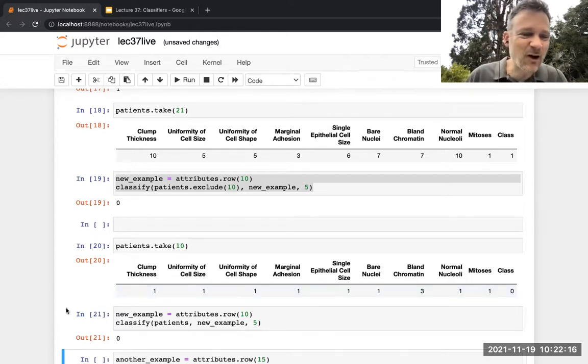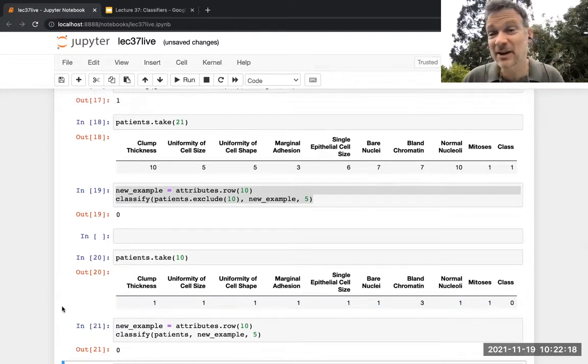If I used all of the patients in this data set as my historical data, and I picked patient index 10 as my example, I'm comparing patient index 10 to everybody in the training set, including itself. What's the distance when I compare patient 10 to itself? Distance 0. Yeah.